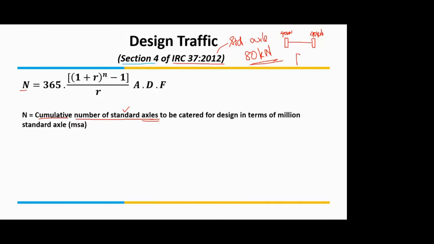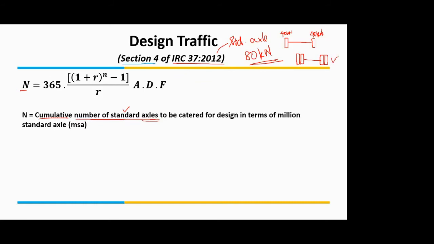But generally, the standard axle we consider is not a single tire but a dual tire. Why dual tire? If you observe a truck from a distance, looking at the rear side, the back wheels, you will find that most trucks, dumpers, or any huge truck trailer have rear wheels that are generally not a single tire but a dual tire assembly.